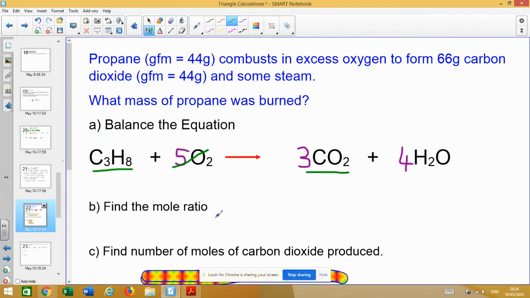So if we want to write it as a mole ratio, we could write it as 3 CO2 to 1 C3H8.